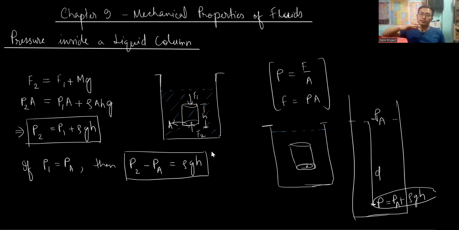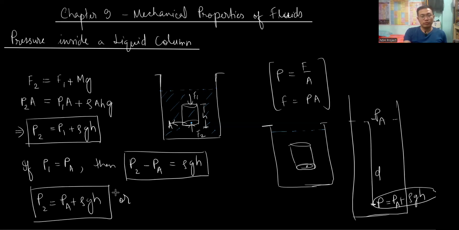The atmosphere or surface level pressure is p1, and at height h, the pressure is pa plus rho gh. So p2 is equal to pa plus rho gh.